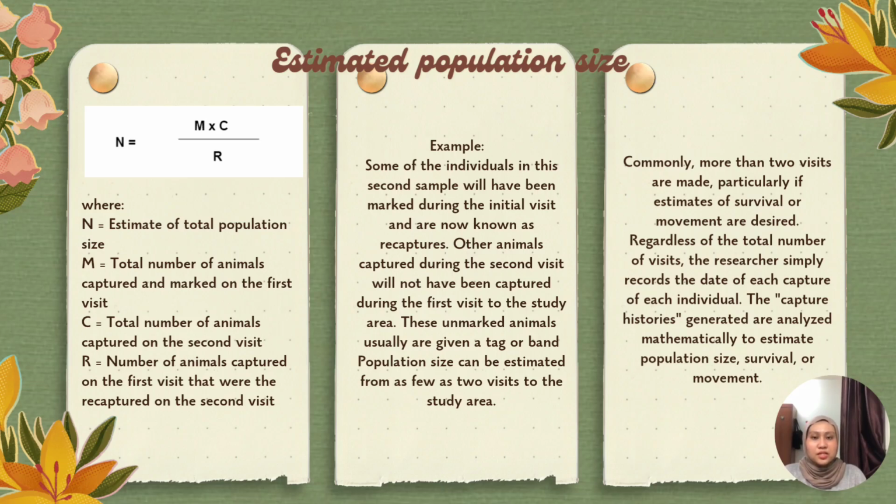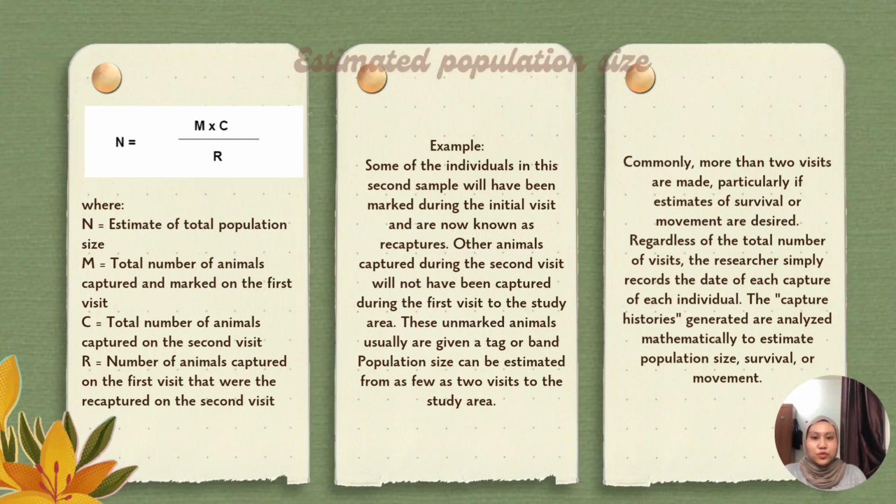Population size can be estimated from as few as 2 visits to the study area. Commonly, more than 2 visits are made, particularly if estimates of survival or movement are desired. Regardless of the total number of visits, the researcher simply records the date of each capture of each individual. The capture histories generated are analyzed mathematically to estimate population size, survival, or movement.